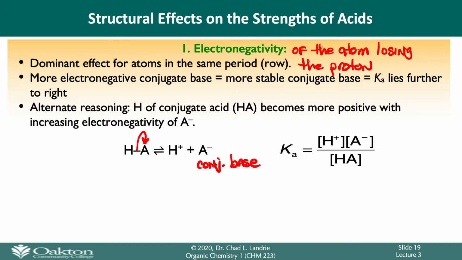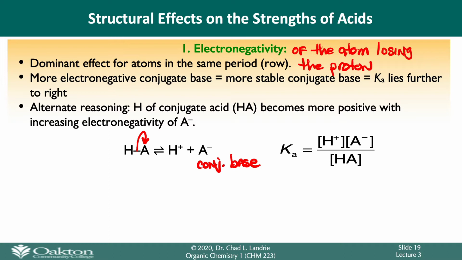And the general rule of thumb for this electronegativity principle is the more electronegative A is, the lower in energy it is. And the lower in energy it is, that essentially means more stable, the further this equilibrium lies to the right. Equilibria always lie further or closer to the more stable side.